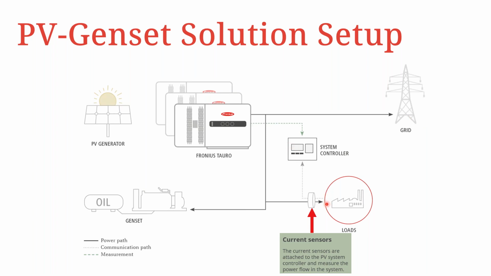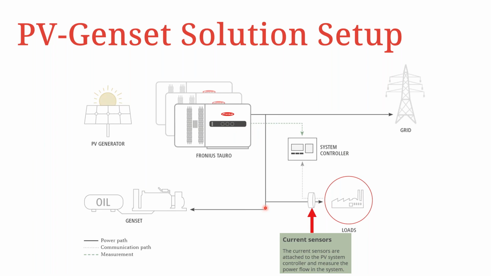It measures the current, which is usually proportional to the load demand. This enables the system controller to know exactly what the load demand is. And with the knowledge of this and with the pre-configurations that have been done, it is now able to make the decision on how and when to inject PV into the system.